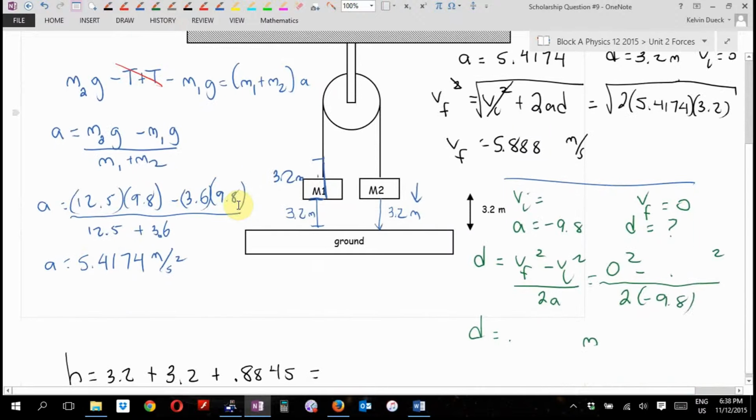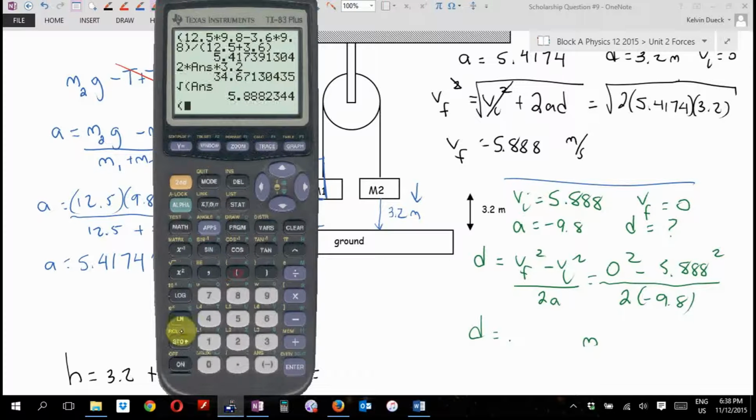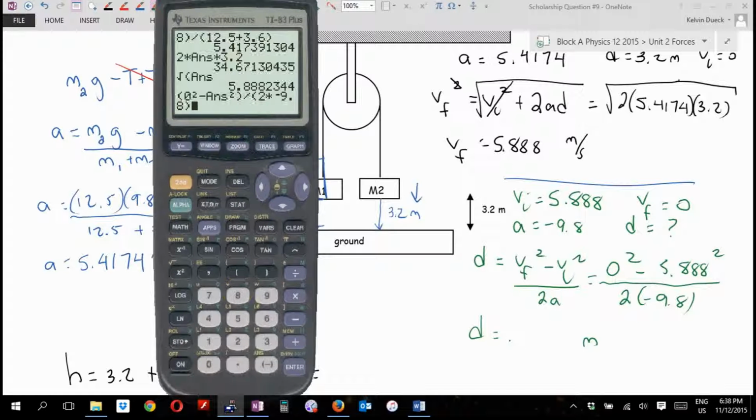Now what? VI is 5.888 meters per second. So it's going to be 0 squared, take away 5.888 squared, divided by 2 times negative 9.8. And I get 1.77.